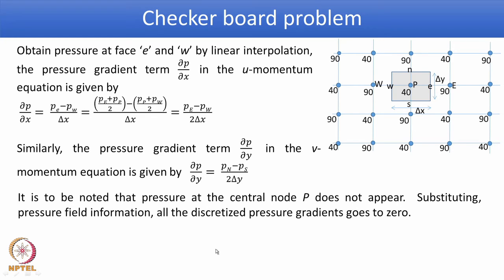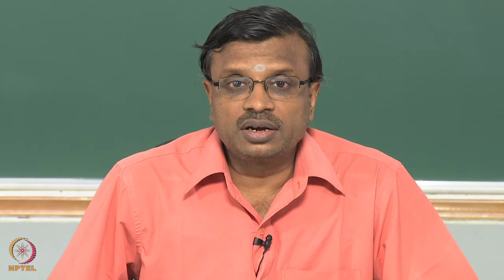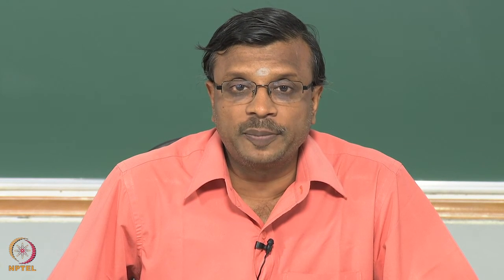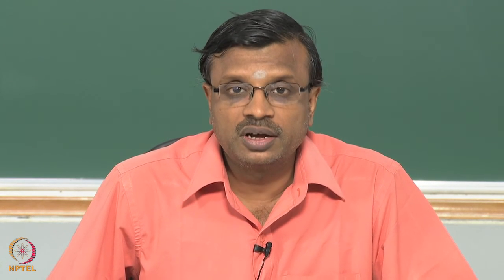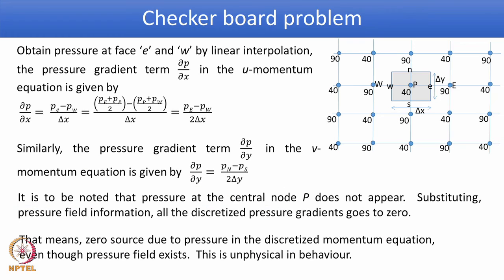Now, if you substitute the pressure gradient term in the discretized Navier-Stokes equation, then all the pressure gradient terms will go to 0, which otherwise means there is no source term appearing in the discretized Navier-Stokes equation, which is unphysical. So, that means there is zero source due to pressure in the discretized momentum equation, even though there is a pressure field as shown in this figure, and this is quite unphysical, and this is a problem with the collocated arrangement.